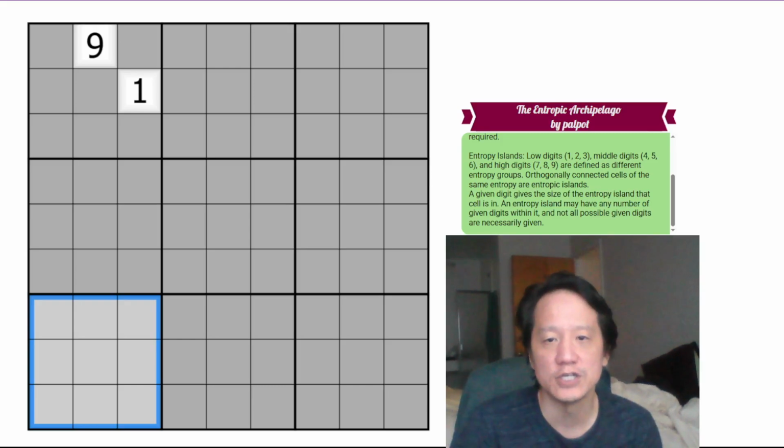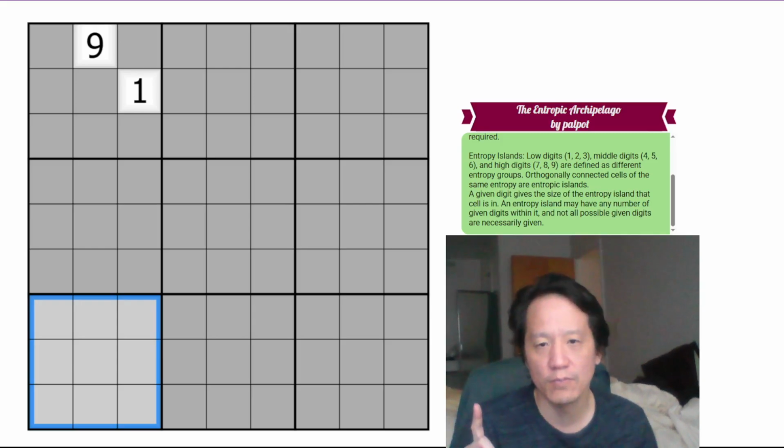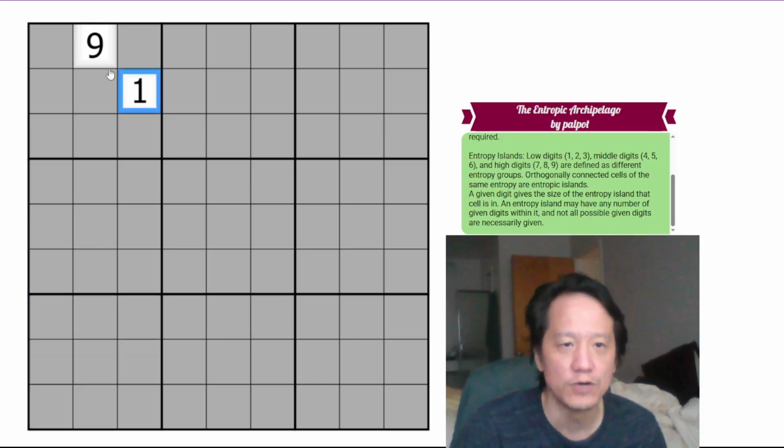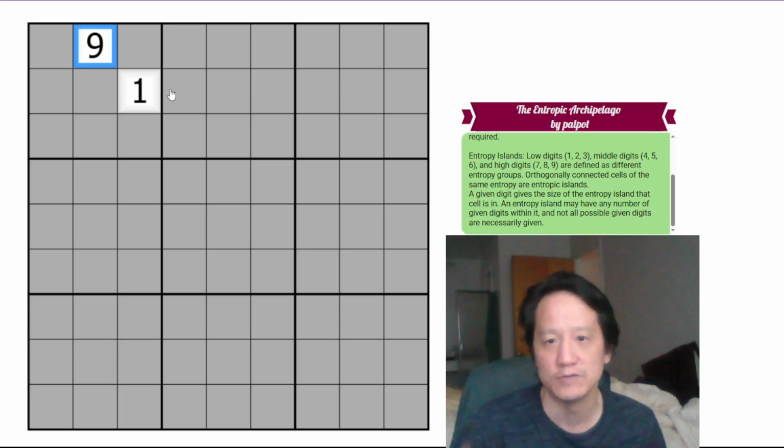A given digit gives the size of the entropy island that cell is in. An entropy island may have any number of given digits within it, and not all possible given digits are necessarily given. Okay, so a given digit is one that's basically in black that they showed to us. It's not one that we derive ourselves.